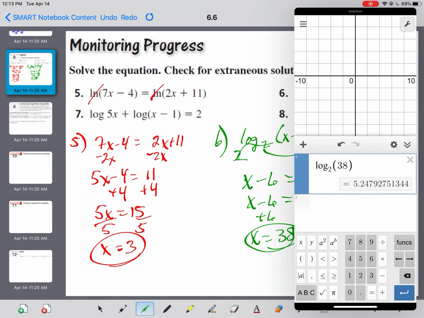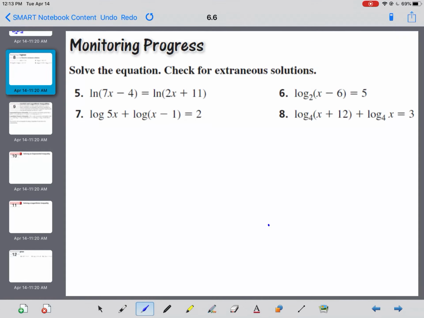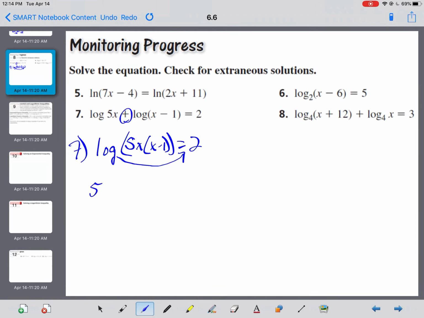Okay, let's look at 7 and 8. All right, I'll switch colors again. 7. Logs on the same side, so I'm going to combine them. Log base 10 of 5x times x minus 1 equals 2.